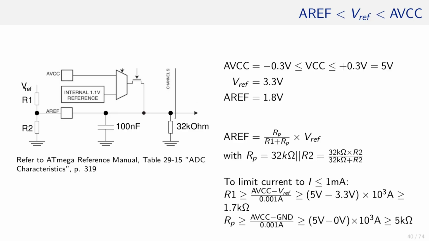Consider that R2 and the internal 32 kilo ohm resistor are in parallel. I use the same formula, but this time from AVCC to the ground, and take into consideration the current to be lower than 1 milliampere. Therefore, the parallel resistor RP needs to be larger than 5 kilo ohm.